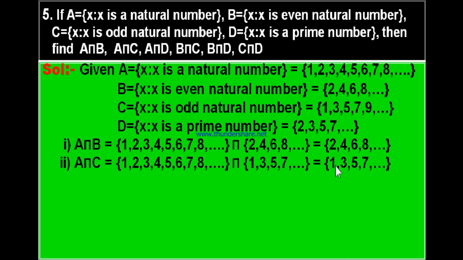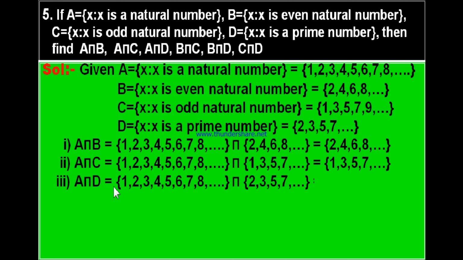Therefore A intersection C is the set of 1, 3, 5, 7 and so on. Third part, A intersection D. A intersection D is equal to the set A, 1, 2, 3, 4, 5, 6, 7, 8 and so on, intersection set D, 2, 3, 5, 7 and so on. This is equal to the set of 2, 3, 5, 7 and so on. This is A intersection D.